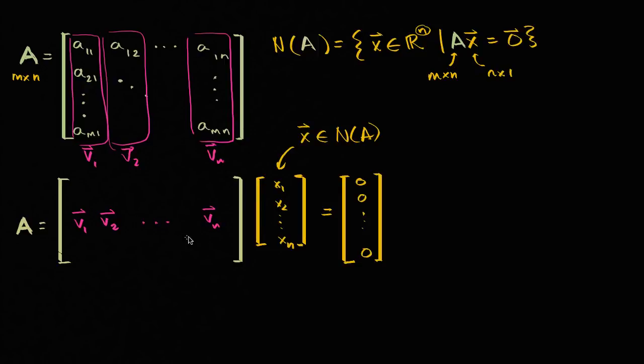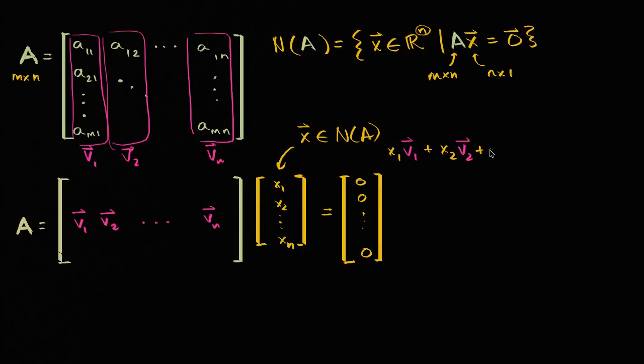And by the definition of matrix multiplication, one way to view this, if you were to multiply our matrix A times our vector x here, you are going to get the first column vector, v1, times the first component here, x1, plus the second component times the second column vector, x2 times v2, and we're going to do that n times.